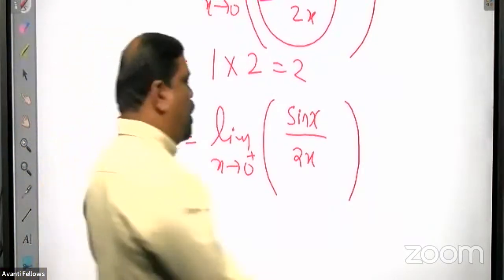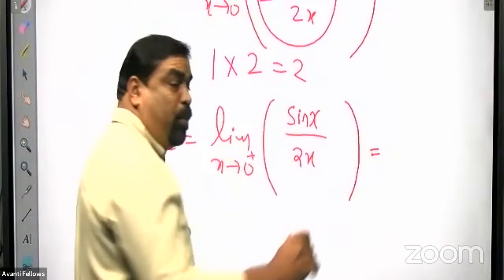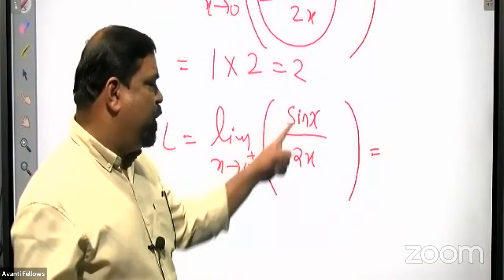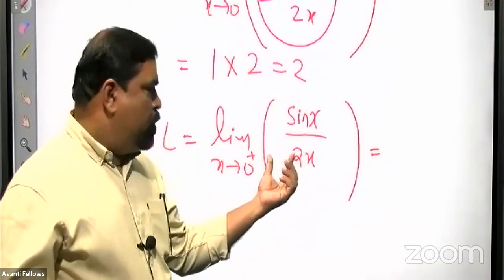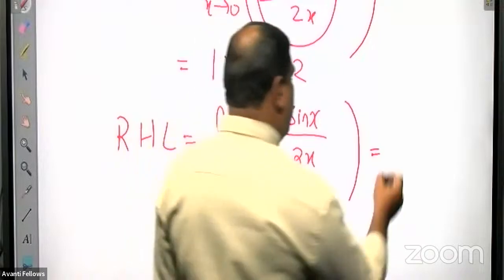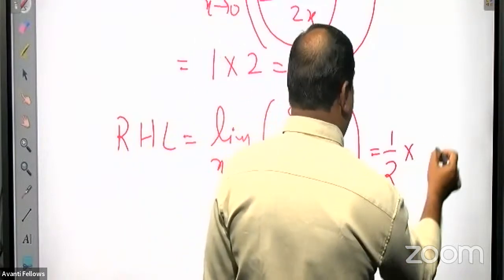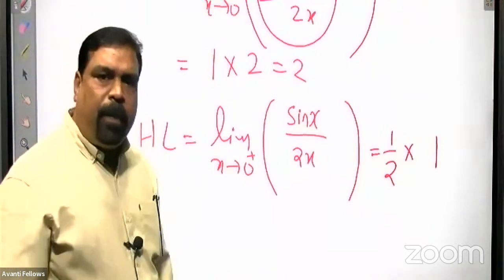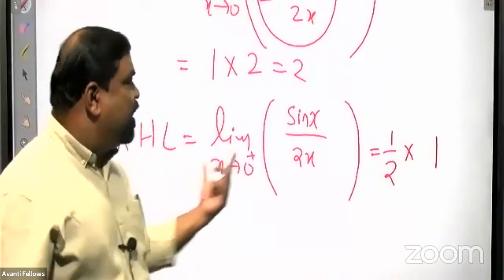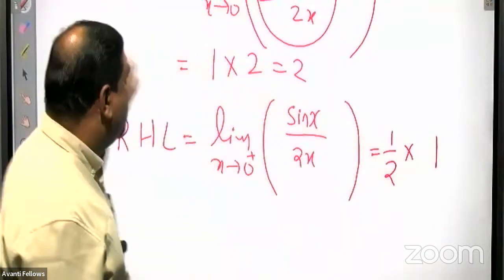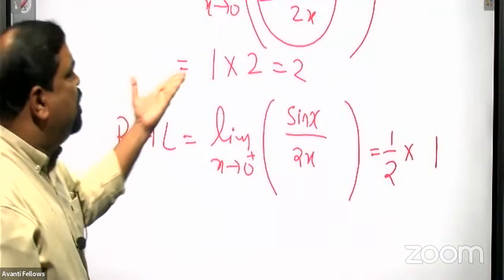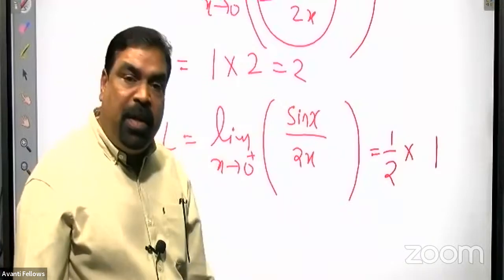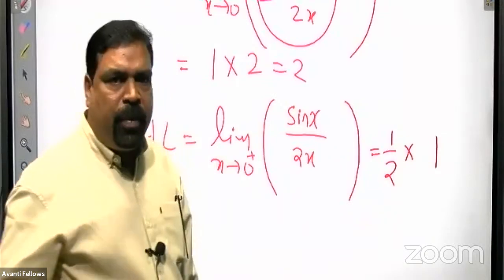In our standard limit, the formula is sin x by x. Here it is sin x by 2x, but 2 is a constant, so 1 by 2 can be taken outside. So 1 by 2 into the limit of sin x by x, the standard limit whose value is 1. So the RHL is 1 by 2. What we can conclude from here itself is LHL is 2 and RHL is 1 by 2. Both are not equal, so this function is not continuous at the point 0.